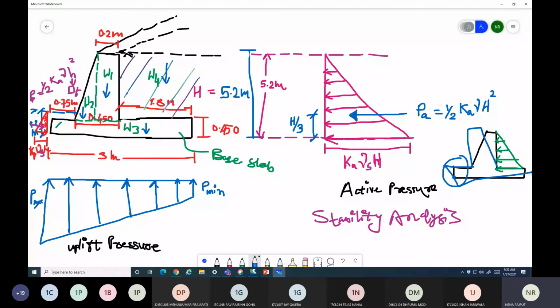So this toe portion will be the point of attraction for calculation of overturning moment forces, right?